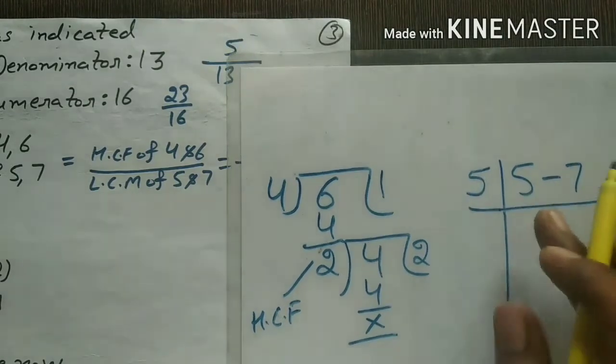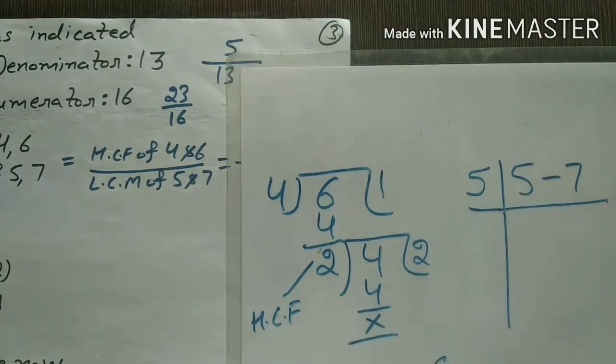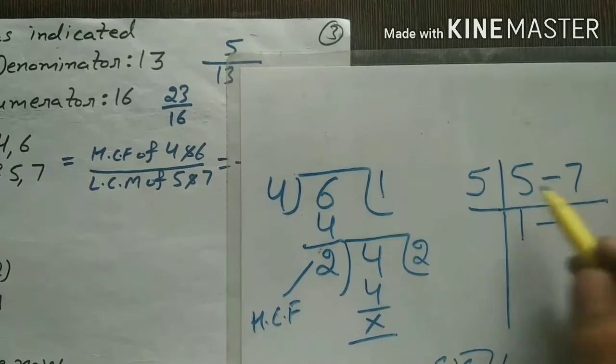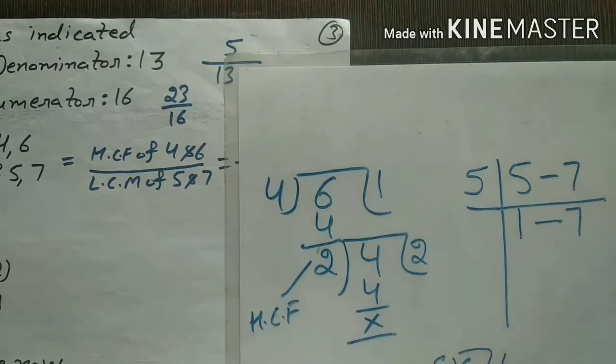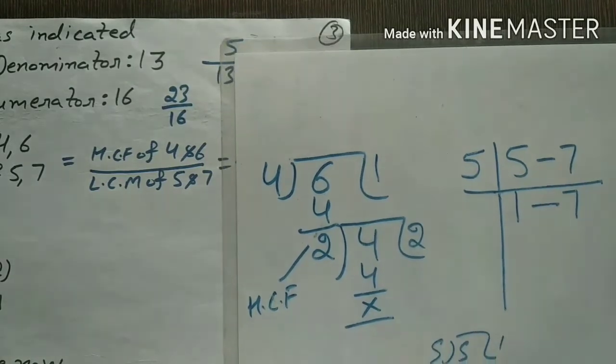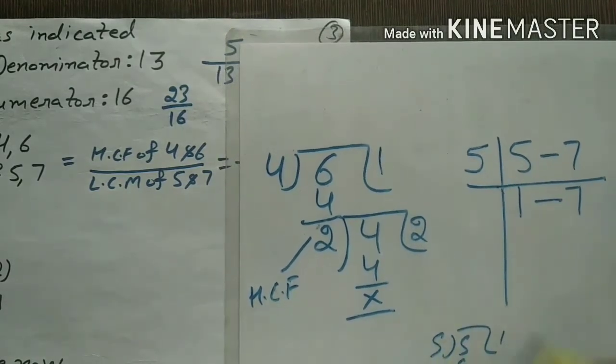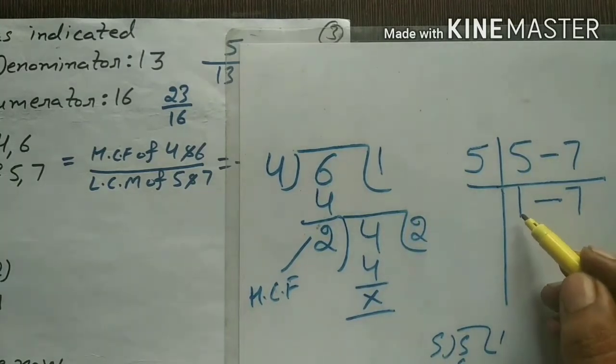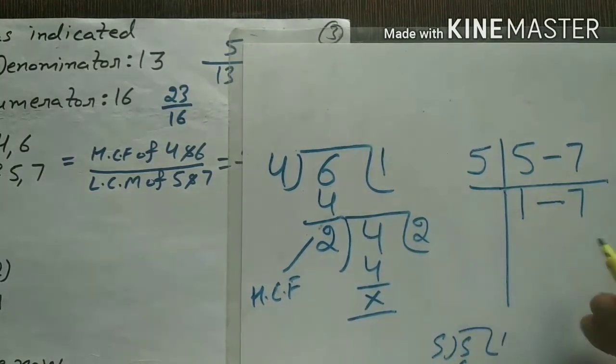Okay, now I divide this 5 by 5, that is 1. Now I write here 1, but you see that 7 is not divisible by 5. So you will not do anything with 7 and write it as it is. Now here 1 is nothing, but there is only 7.